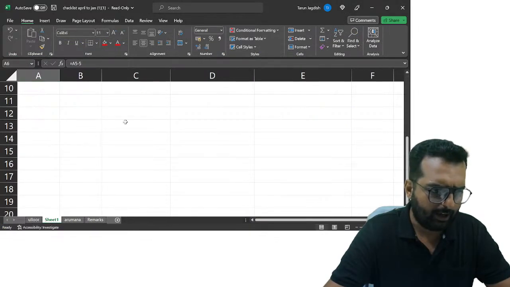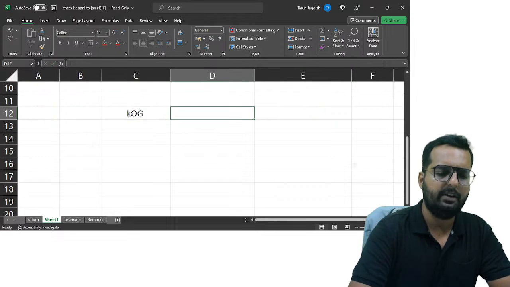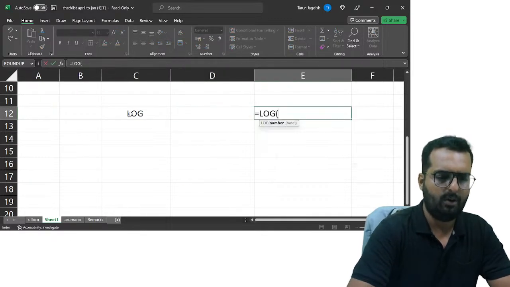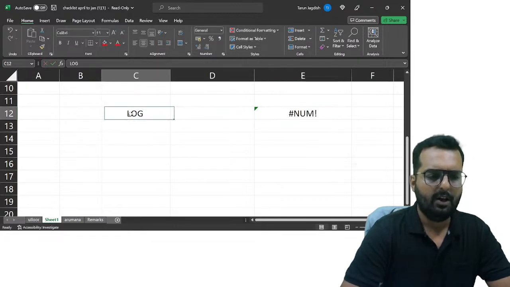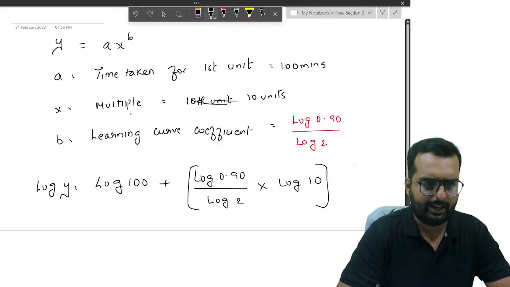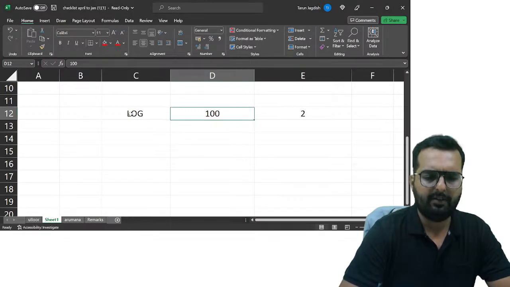I will find out the log values in Excel. You can always find it out in the exam. You will be given a table. So here it will be the log of whatever value is given over here. First I want to find out the log of 100, which will be 2.